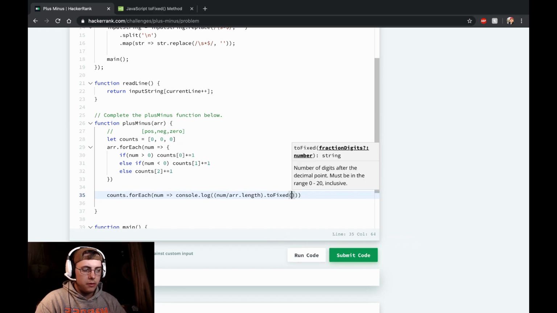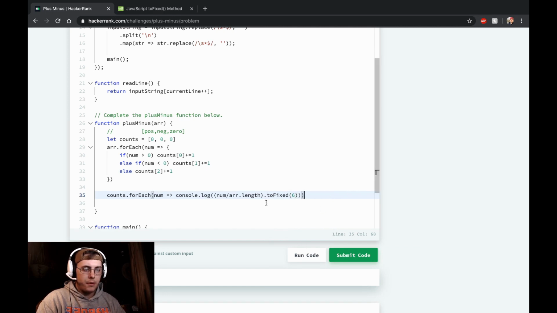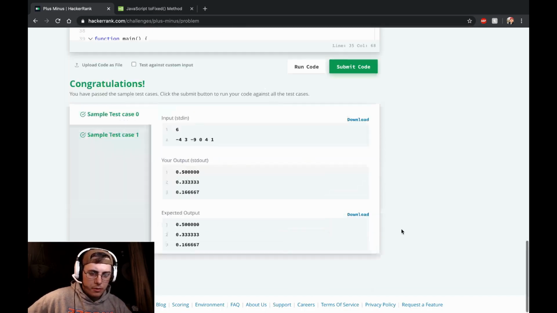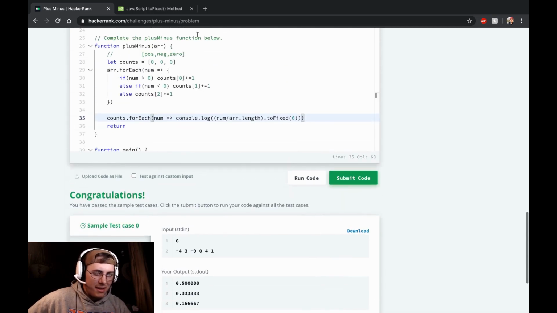Would that work? 6. See what happens. Run code. Hey, that worked. Nice. I didn't even have to look at that too much.